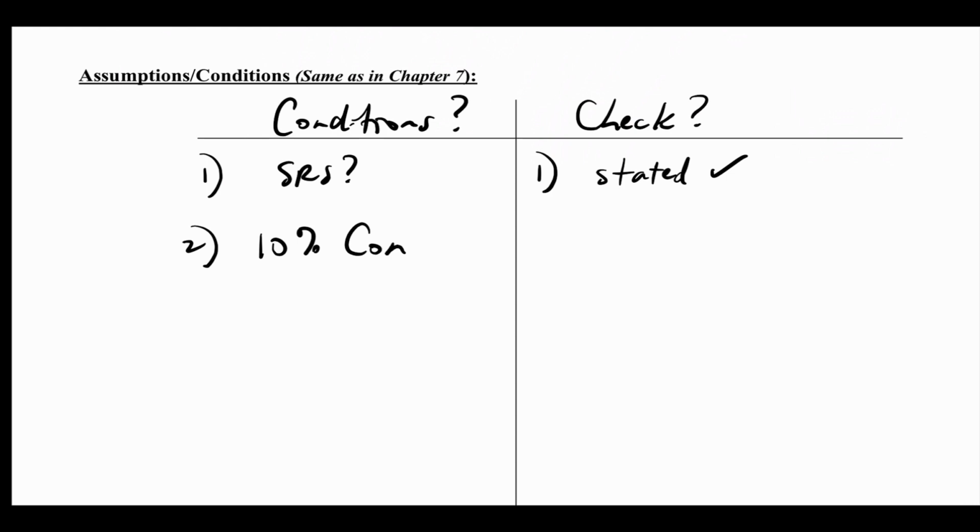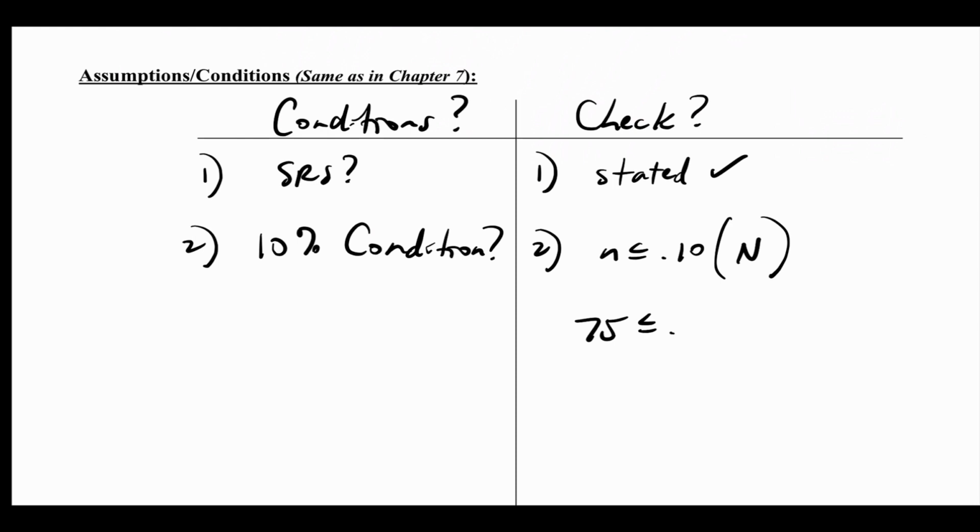10% condition. N is less than or equal to 10% of big N. Okay, we know little n. It's 75. We don't know a number for big N. But if little n is 75, who is big N going to represent?